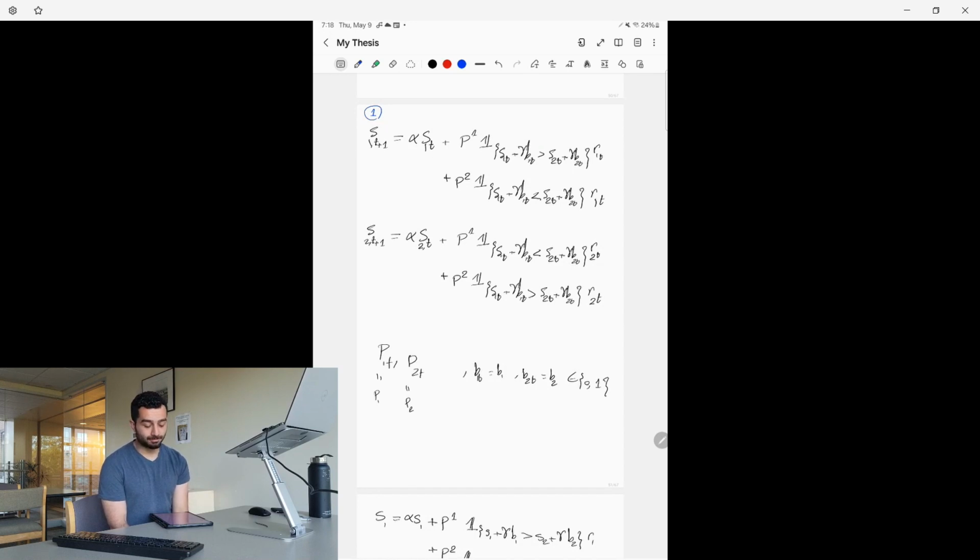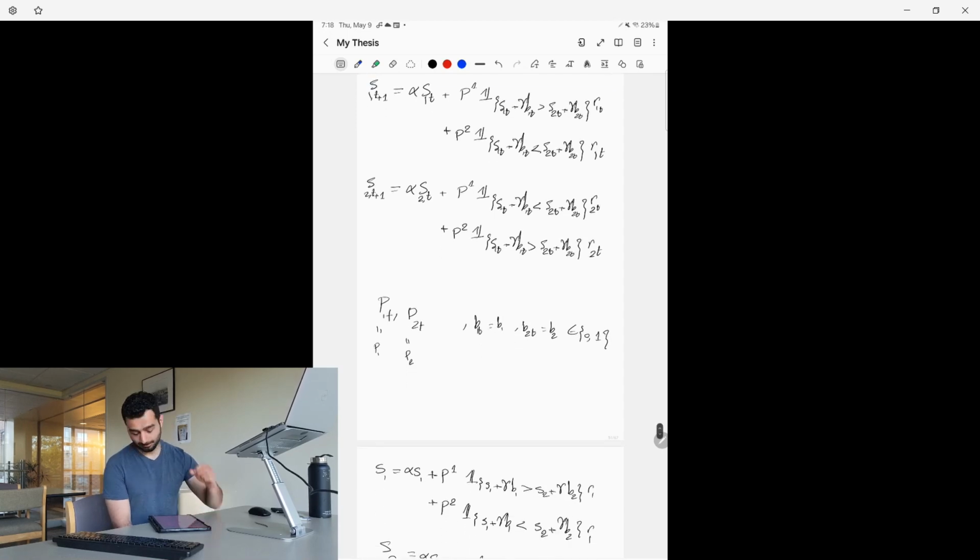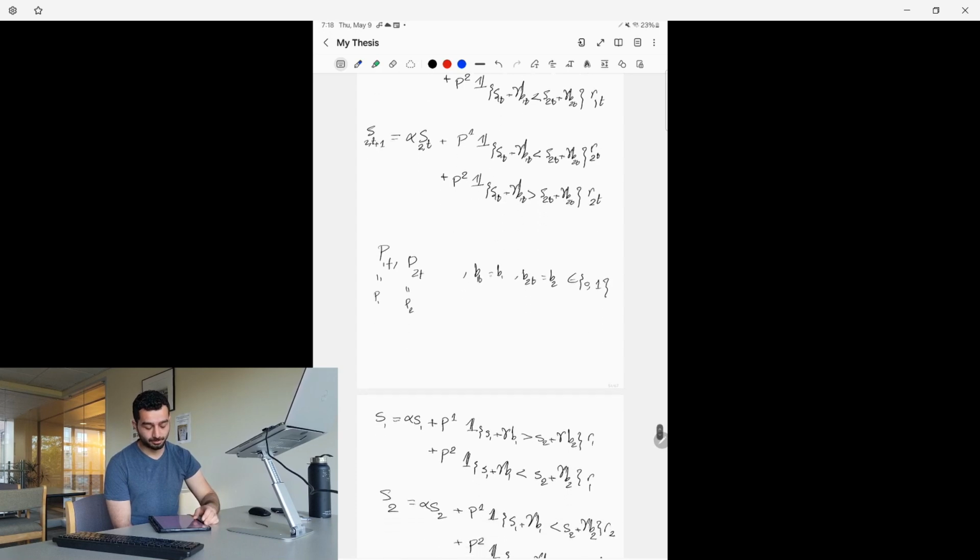Alright, everything good. So we are setting the price. We are finding an equilibrium, like a stable solution, right? P1, P2.